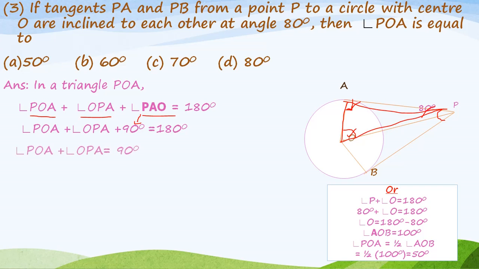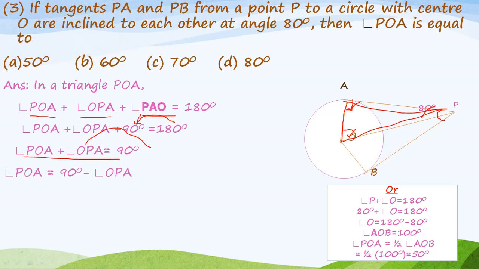Then 90 degrees shifted to the right side, we get POA plus OPA is equal to 180 minus 90, which is 90 degrees. Then POA is equal to 90 minus OPA.